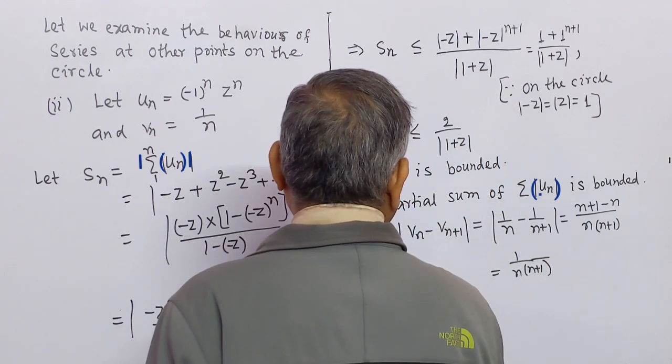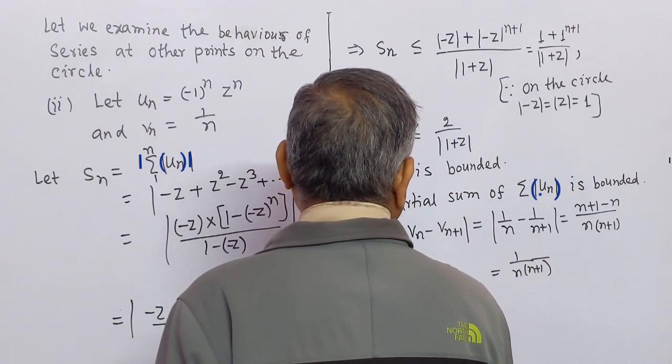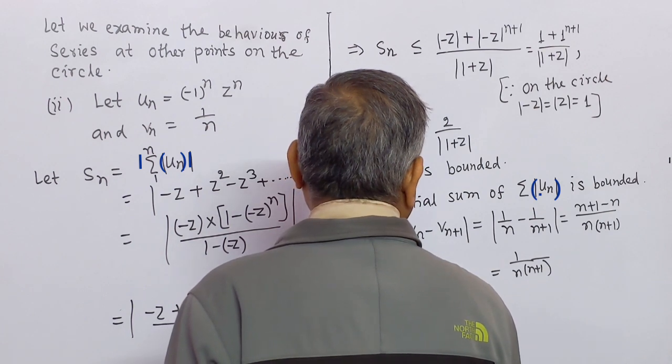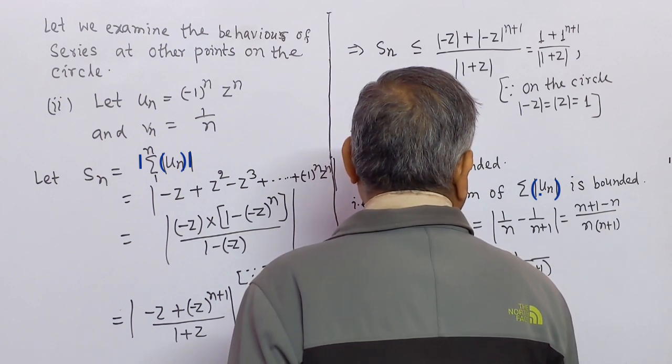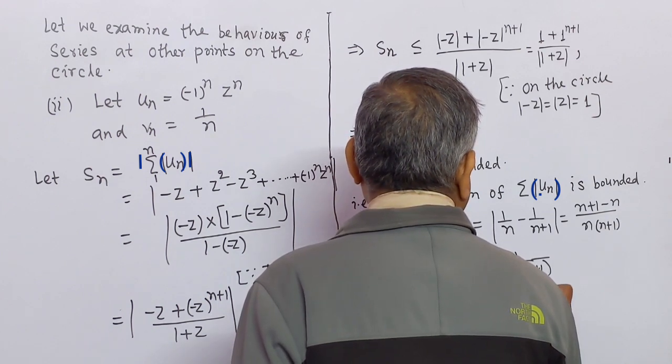This implies that sigma modulus of v_n minus v_{n+1} equals sigma 1 by n into n plus 1.